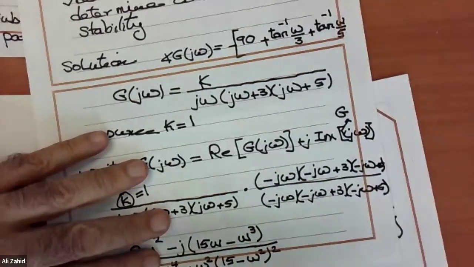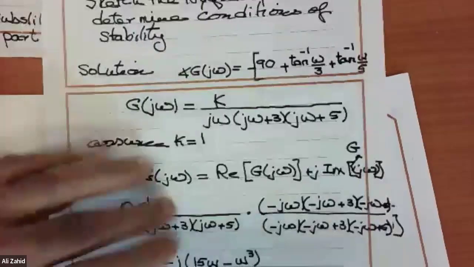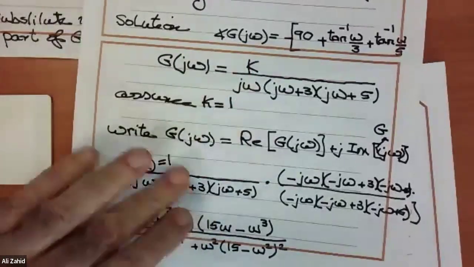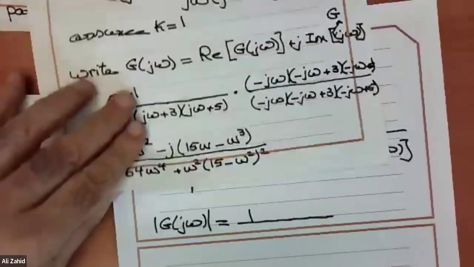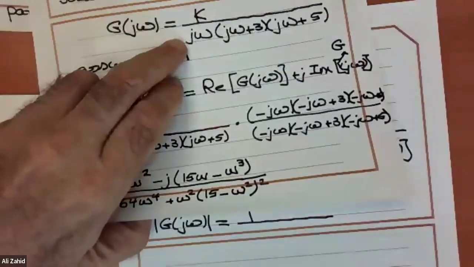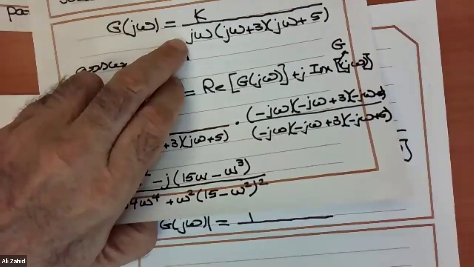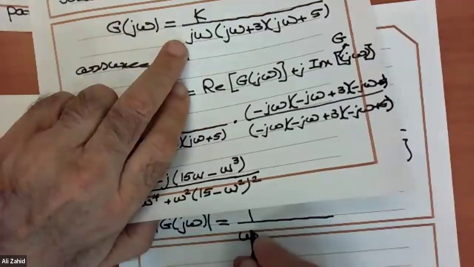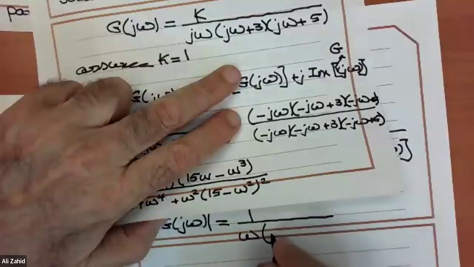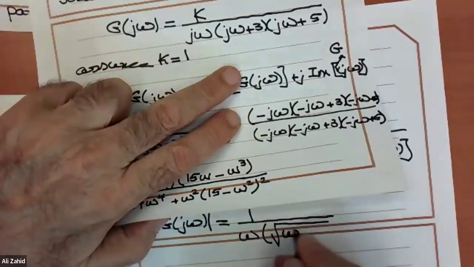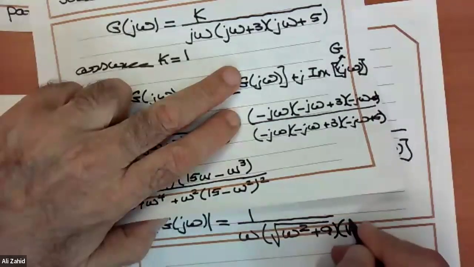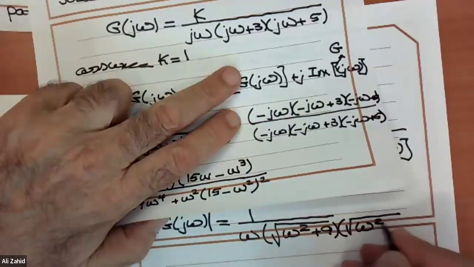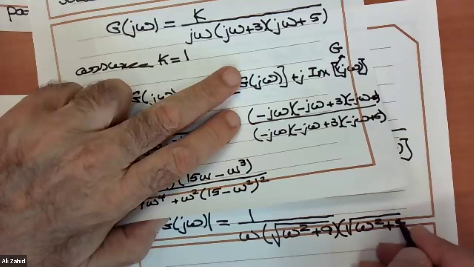The magnitude of j omega is omega, times the square root of omega squared plus 9, times the square root of omega squared plus 25.